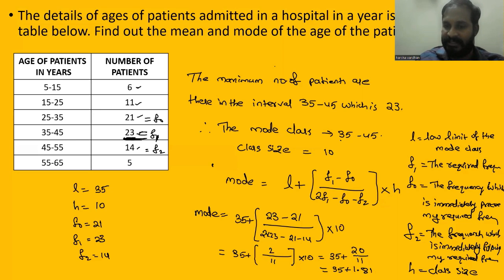Something like this you will get if you solve it. So 36.81 is the mode here. So write down at last: the mode of the ages of the patients is 36.81. In this manner, we will solve the question, students.